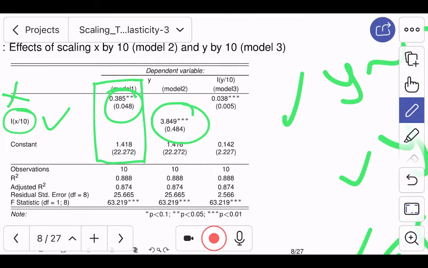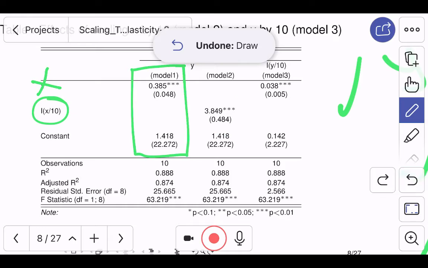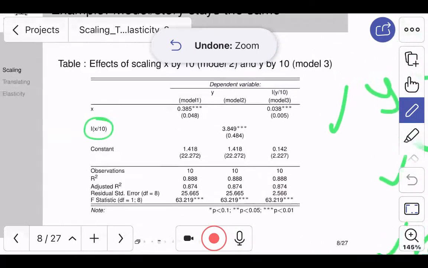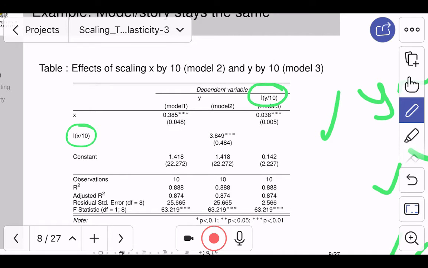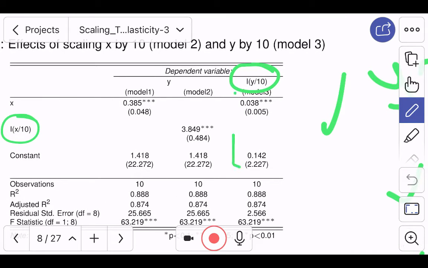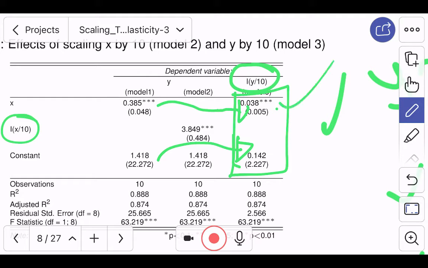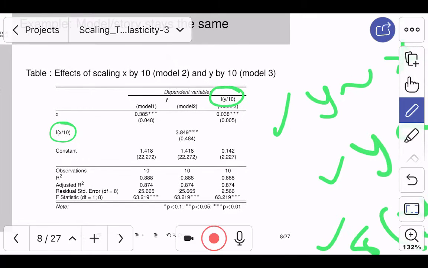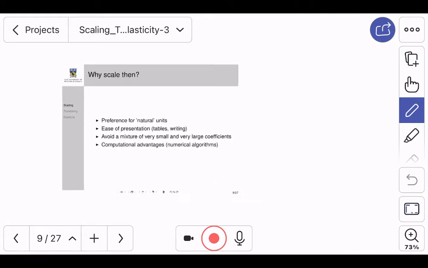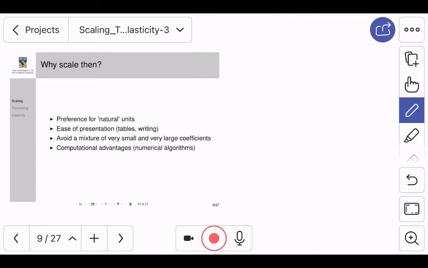Now, if you think of scaling the y variable, that's what you have in the last column here. So if I scale my y variable by a tenth, that's the equation, then this is what I get. What is that? Well, my slope is divided by 10, that's here, and my intercept is divided by 10. So the same story again, but that's what happens. Scaling is not going to change the story. If that is the truth, then why do we need to scale?